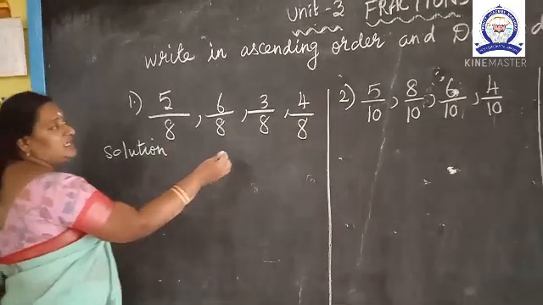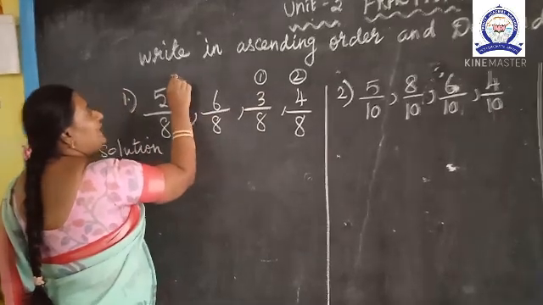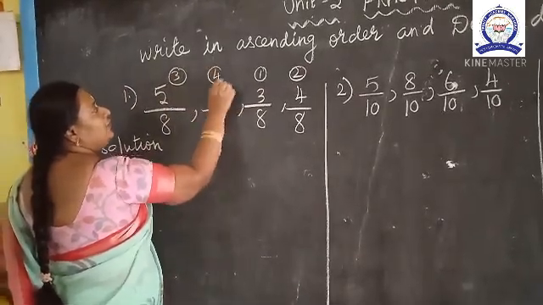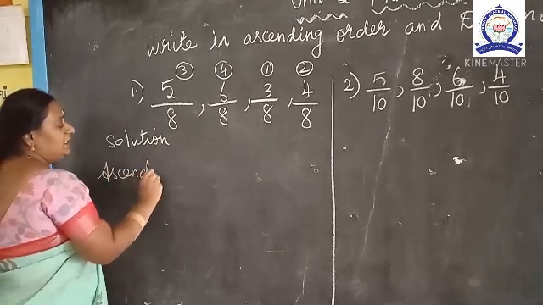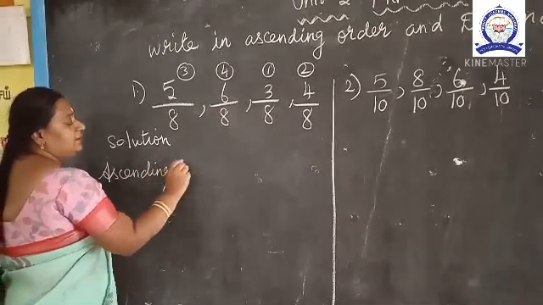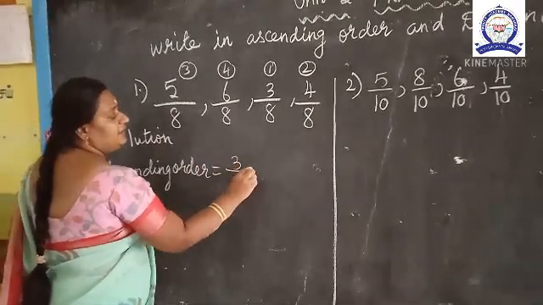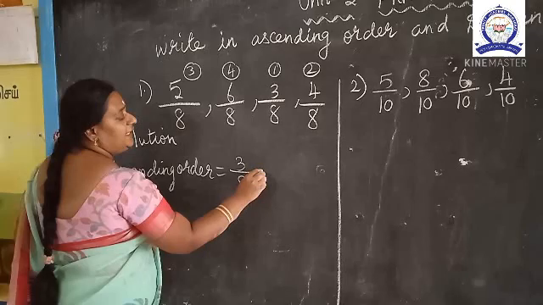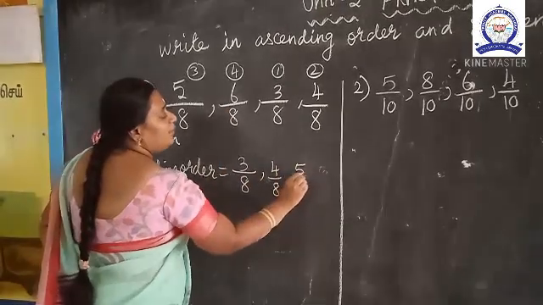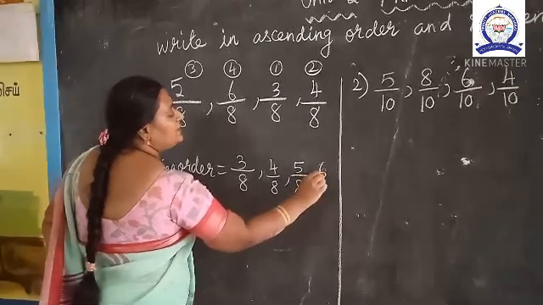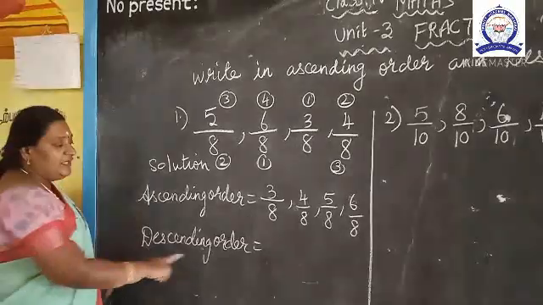So which is the smallest one? 3, then 4 by 8, then 5 by 8, then 6 by 8. So ascending order is 3 by 8, 4 by 8, 5 by 8, 6 by 8. This is your answer.